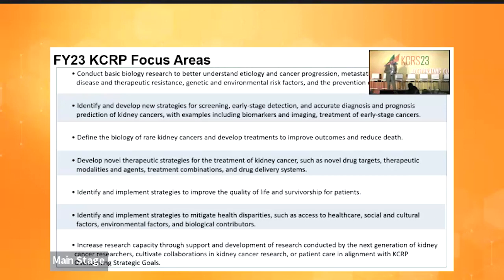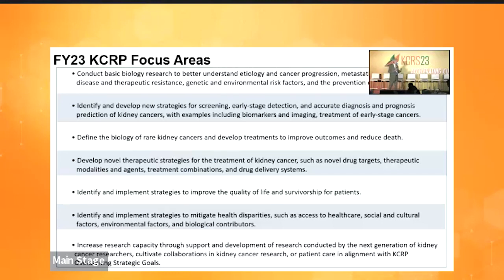Identify and implement strategies to improve the quality of life and survivorship of patients. This is very, very important to the program. And again, it seems it's underserved by other agencies, and we have a big emphasis on this. Identify and implement strategies to mitigate health disparities, such as access to healthcare, social and cultural factors, environmental factors, and biological contributors.